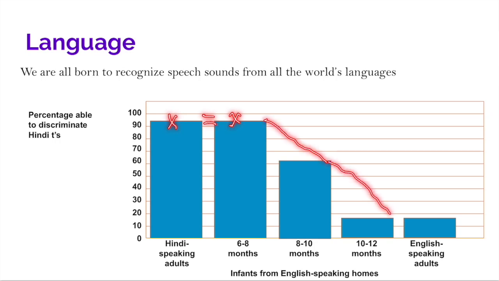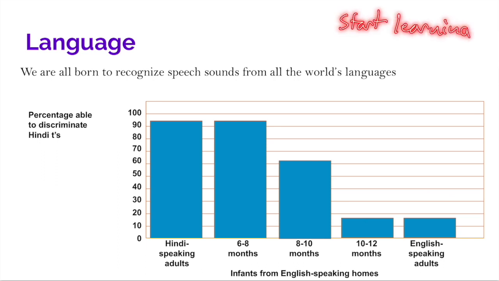But you'll see that this steadily declines as the child gets older, even by a matter of months. So 8 months versus 10 months versus 12 months. The 10 to 12-month-old, so a 1-year-old, is about the same level as English-speaking adults. So it's very, very difficult to learn a language if you don't start young.